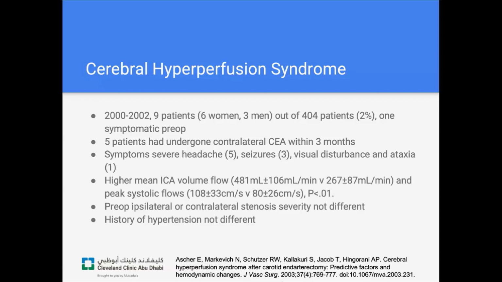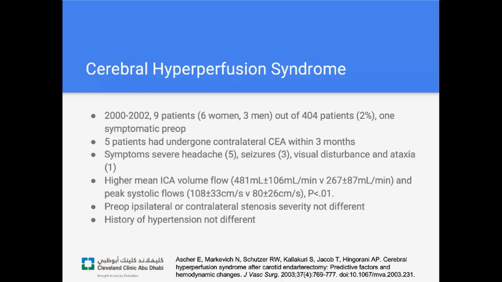I get non-contrast CT scans very early and stat if they develop headaches. And if they have hypertension, they need to go to the ICU for management until they're out of it.